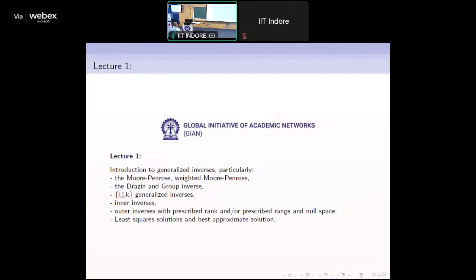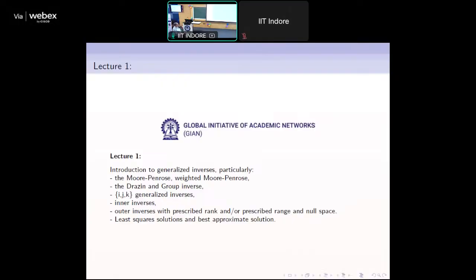What we will present in the first part is aimed at generalized matrix inversion. Particularly, we will introduce the Moore-Penrose inverse, weighted Moore-Penrose inverse, Drazin and group inverse. Then we will present some classes of non-unique generalized inverses, so-called {i,j,k} inverses: most popular inner inverses, and outer inverses with prescribed rank and prescribed range and null space.